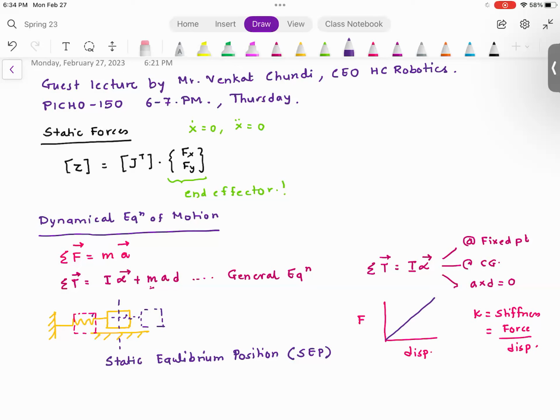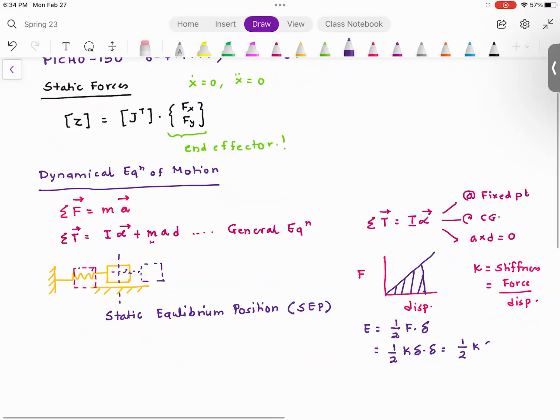The area under this line is the energy stored in the spring. Energy stored E is equal to 1/2 F times delta, and this can be written as 1/2 K delta times delta, which is 1/2 K delta square. Are you with me? So the energy stored in the spring is 1/2 K delta square.